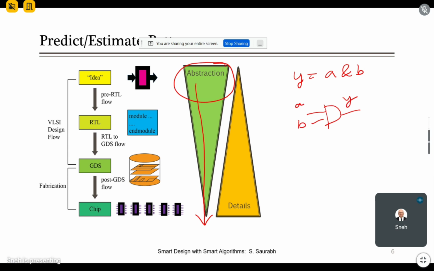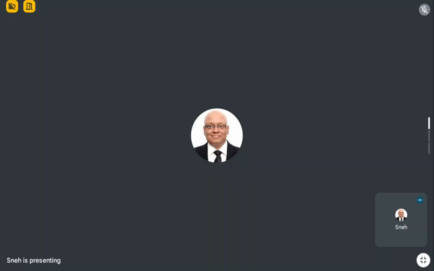This will be synthesized to this kind of circuit, to a netlist. But to do this synthesis and to get this AND gate, there are many choices available for a design tool. For example, what should be the size of this AND gate, right? How many transistors it should use, what should be the size of those transistors, right? So these types of design decisions need to be made during, say, logic synthesis, which is at the higher abstraction level.